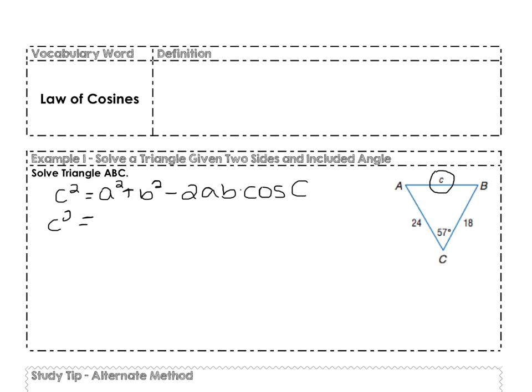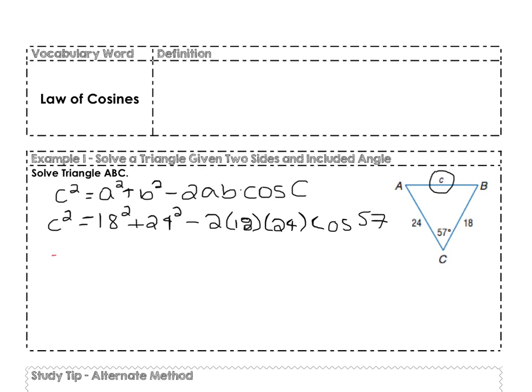So C squared, and now I just have to plug information in. We have 18 squared for our A. We have 24 for our B, minus 2 times 18 times 24 times cosine of angle 57 degrees.